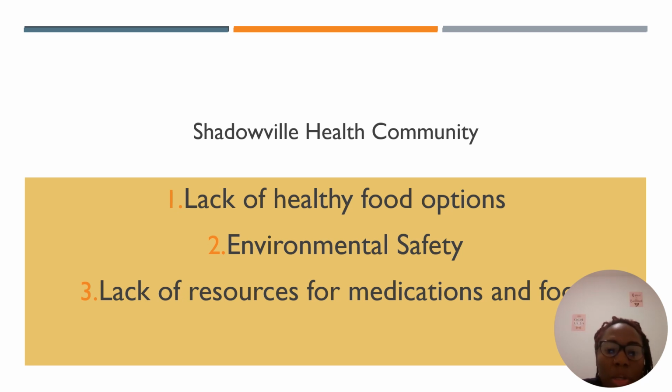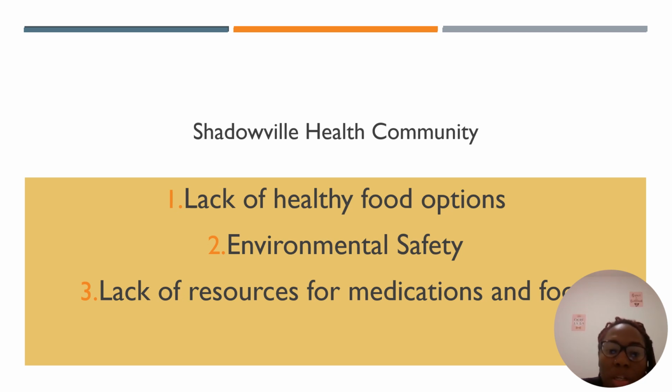Within the community, they had some apartment buildings that needed some work done, some sidewalks that had cracks in them. They had a trash dump with overflowing trash sitting all around the dumpster. So that's why I chose environmental safety.